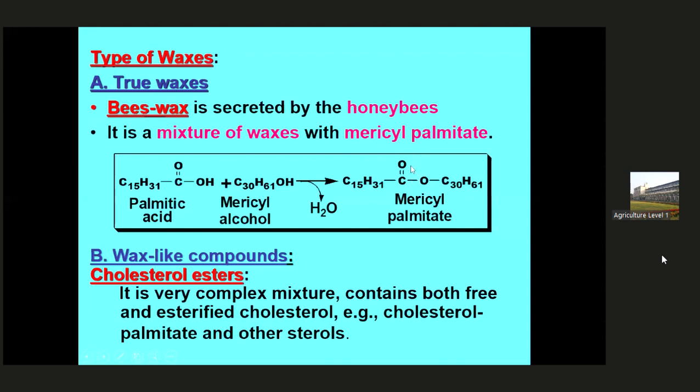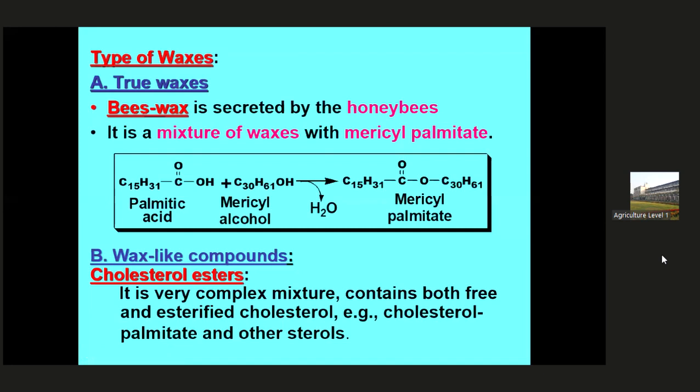For this reason, this palmitic acid is usable for you, but as it is attached to this myricyl alcohol, you cannot get any energy or nutrition from it. If it could be broken down, you could get nutrition from it, but as it is not broken down, you cannot get any nutrition from this palmitic acid.